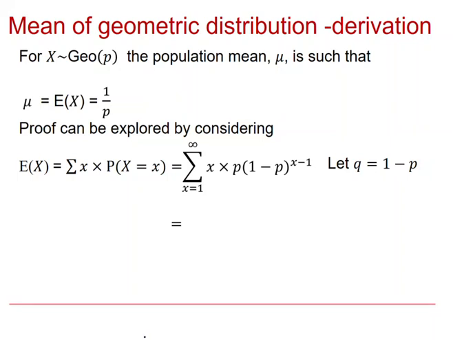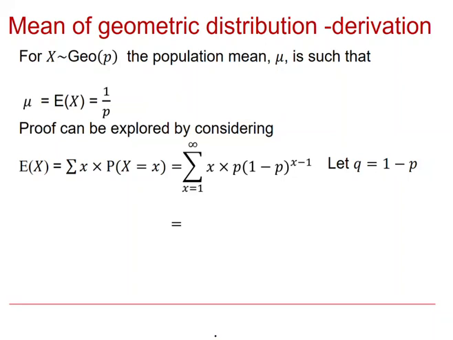There are different ways of deriving the mean for the geometric distribution, and we will look at a different way in the section addressing probability generating functions. But this video is going to look at a proof by exploring the definition of an expected value, which is the sum of x, the outcome, multiplied by the probability of obtaining that outcome.